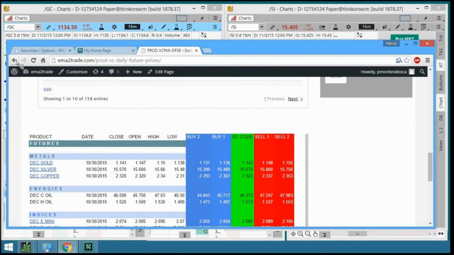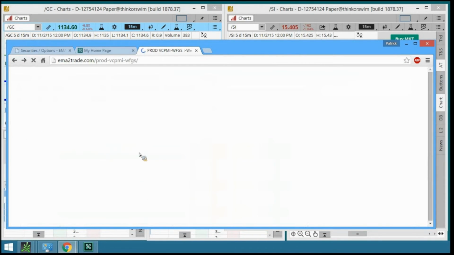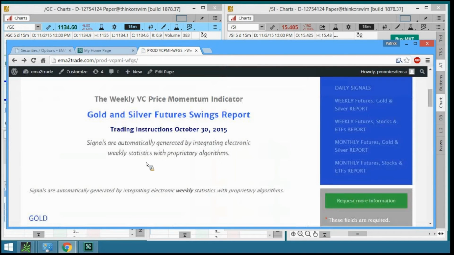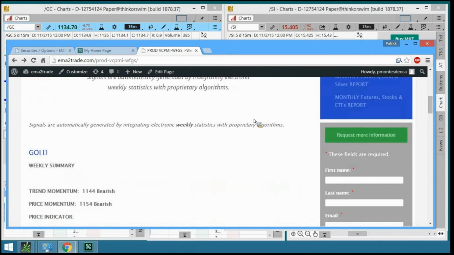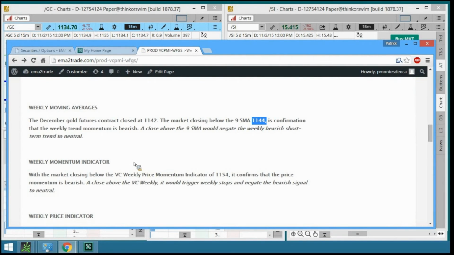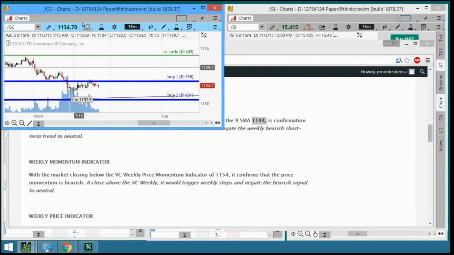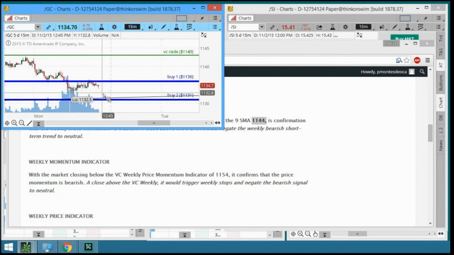If we take a look at the weekly, 1144 is your 9-day moving average. And so what we want to see is a continuation of the market rejecting these lower levels of prices and finding demand exceeding the selling pressure, and basically closing, look for it to close at 1136, activating a buy to 1143, which is the mean of the VC code.